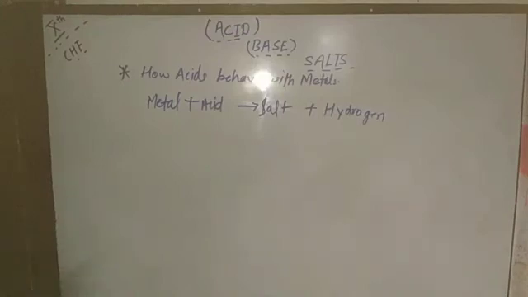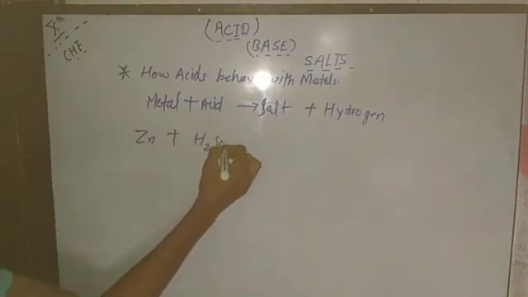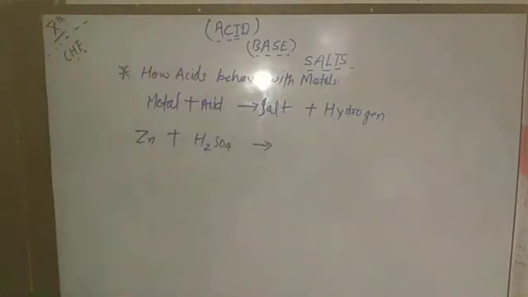Suppose that we are going to react zinc metal with sulfuric acid, H2SO4. Do you know the basic difference between sulfuric and sulfurous acid? H2SO4 is known as sulfuric acid, whereas H2SO3 is known as sulfurous acid. We are reacting Zn plus H2SO4.